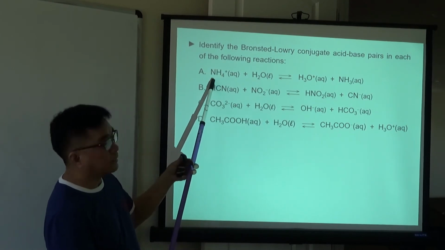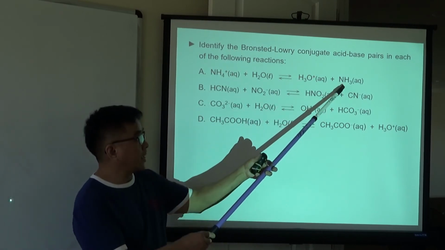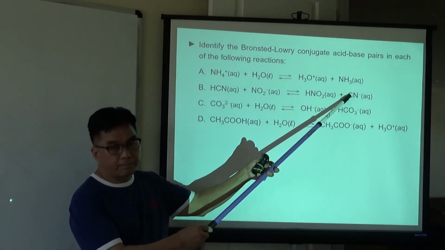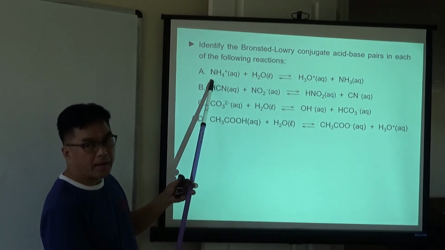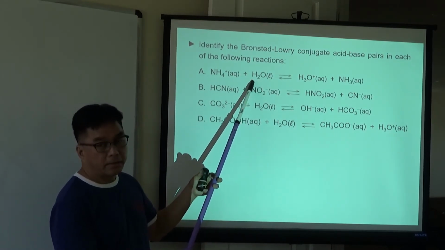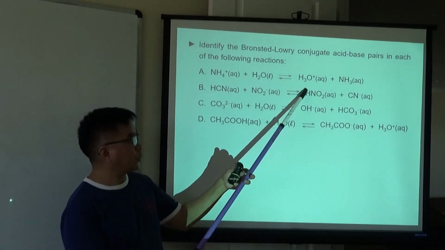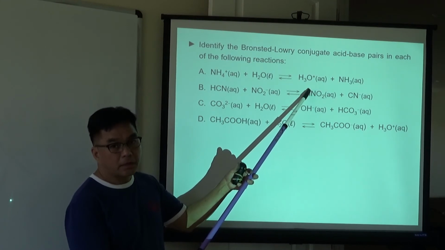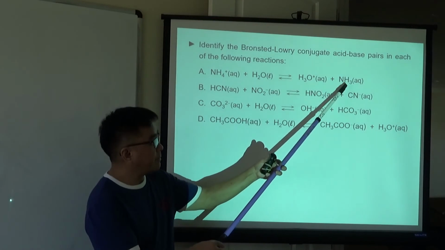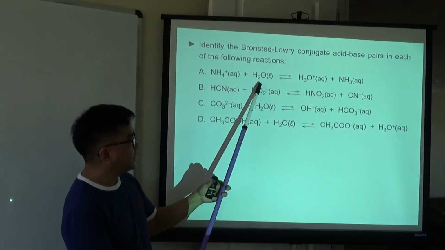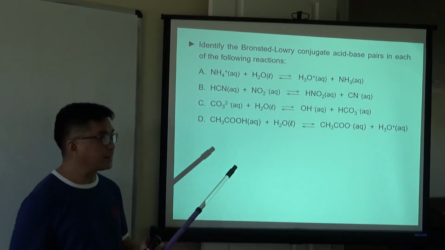When it releases a proton to water, it becomes ammonia, so ammonia is the conjugate base. And water accepts a proton from ammonium ions, so water is a base. When it accepts a proton, it becomes hydronium ions, so it is a conjugate acid. So here's the acid, conjugate base, base, conjugate acid. That's two conjugate acid-base pairs.